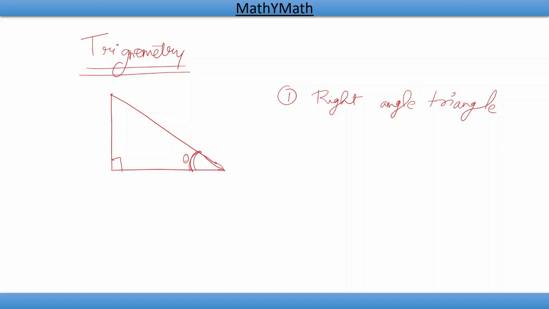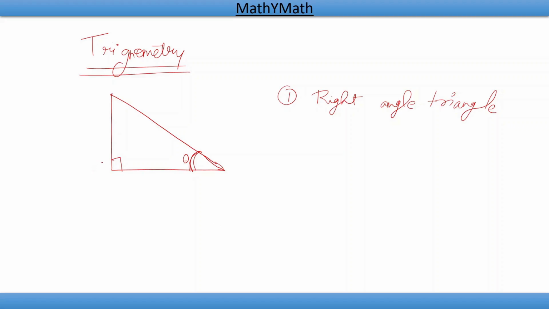There should be some angle. Triangle can't be made by nothing, it has to have an angle. So first thing, you need a right angle triangle. If you do not have one, make one. Like you will have a structure like a square or something where you need the trigonometry, but you don't have a triangle, so you need to make one right angle triangle.